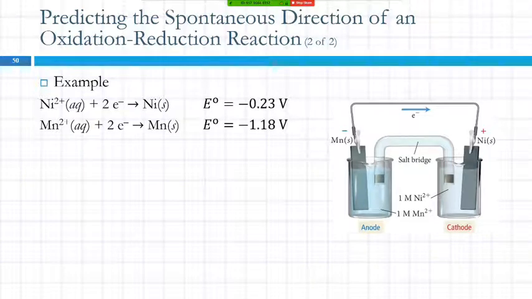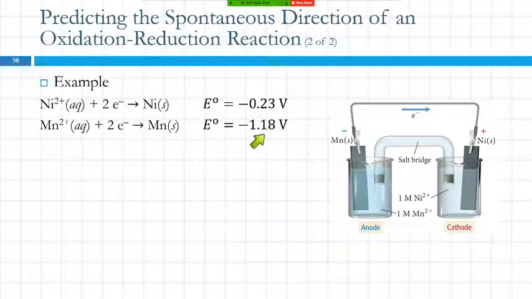So let's look at an example. Here we have nickel and manganese. These are both reduction reactions, gaining electrons, and these are the potentials from that table. And so we want to predict which direction the electrons are going to go. Well, which of these is more negative? This one, right? This is more negative.